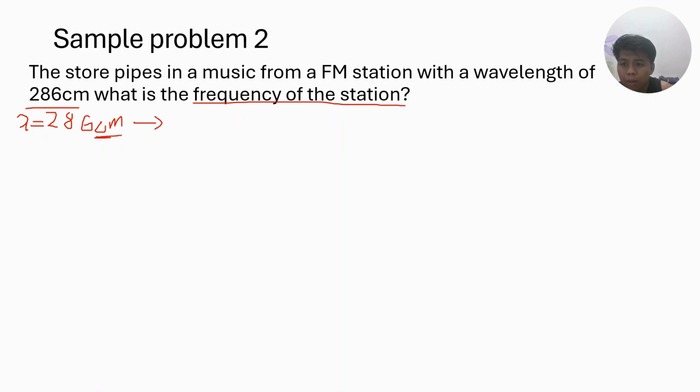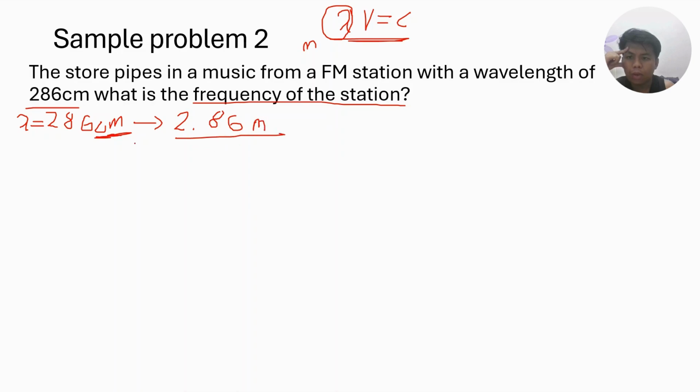Take note of the units. When you use this form, wavelength multiplied by frequency equals the speed of light, you cannot use centimeters. Please express this in meters so that the units cancel out. The conversion is 2.86 meters.